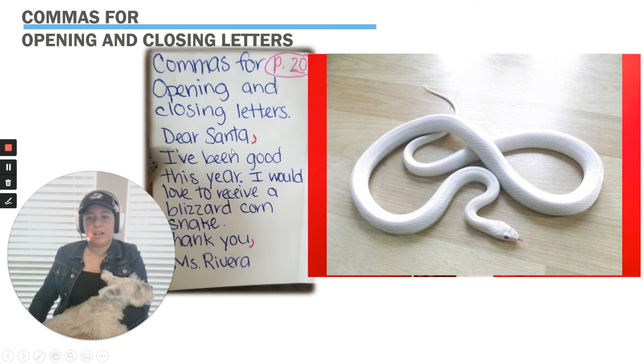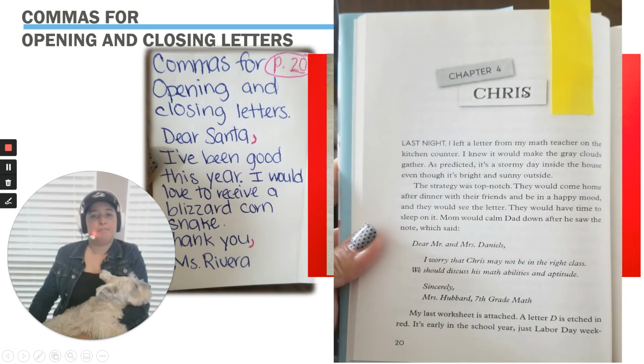Now, notice that I included those two commas and also my example from the book on page 20. Let's take a look at page 20. Chapter 4, and this is Chris talking, right? Chris is opening a letter that has been sent to his father and mother, and it says, Dear Mrs. and Mr. Daniels, I worry that Chris may not be in the right class.